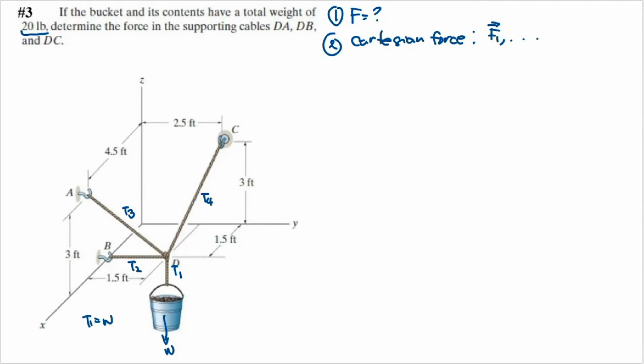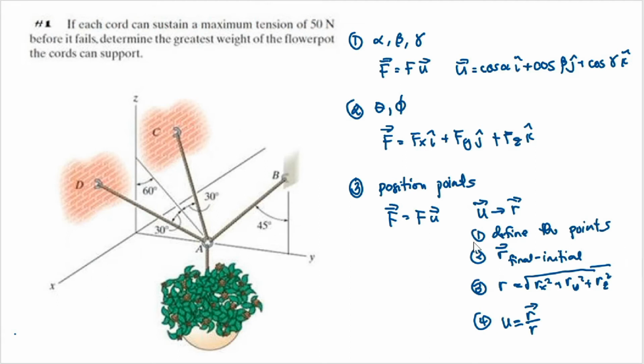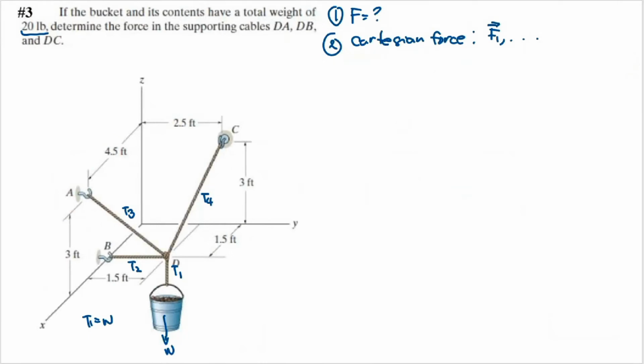So, again, ang first step, pag position points or position vector, define the points. So, we have to define the points. So, what is point A? Okay, 4.5, positive or negative? Positive po. Okay, next. 0. 0y. Okay, then next. 3z.